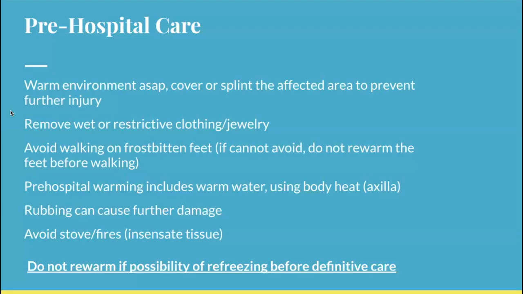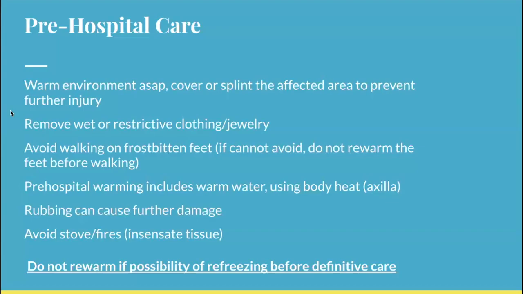You want to avoid rubbing the extremities because that can cause further damage, and avoid stoves and fires because the tissue may be insensate and you may burn the tissue if you're not regulating and careful.